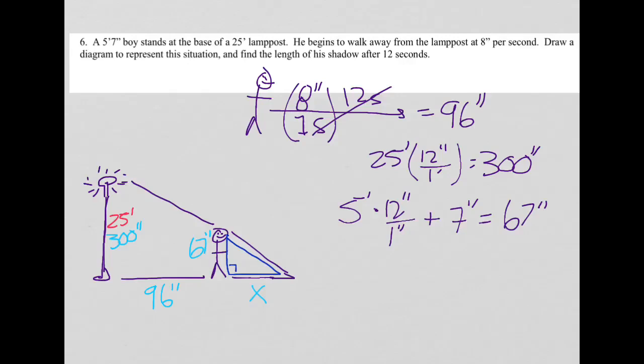And then we can also picture the giant purple triangle, but that is also a right triangle as well, which means the lamppost and the boy are both standing perfectly straight up. They're both parallel because they're both perpendicular to the ground. And so we don't actually have to use two separate triangles here. We can just use proportions.